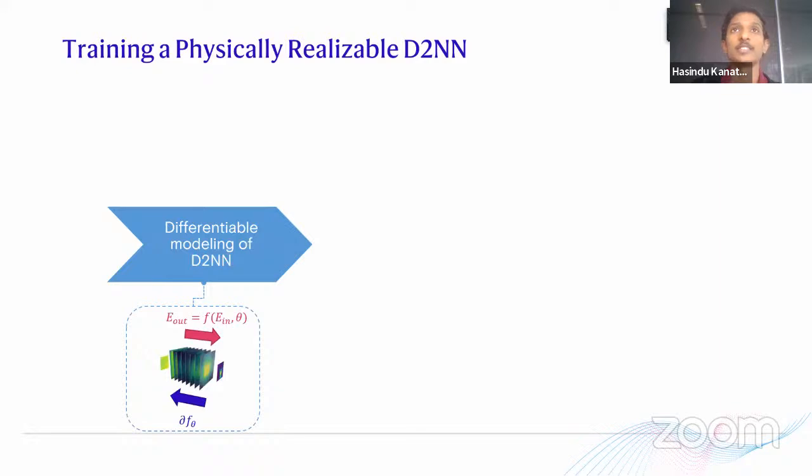So when we go into the process of training physically realizable D2NNs, we can identify three main steps. The first one is that we need to differentiably model the optics in the D2NN so that we can train it using a gradient based method.